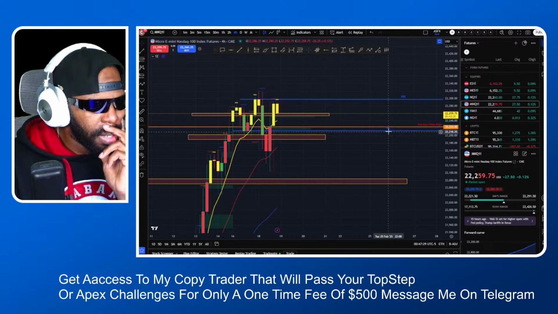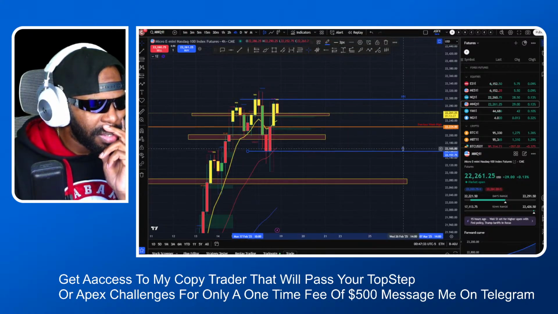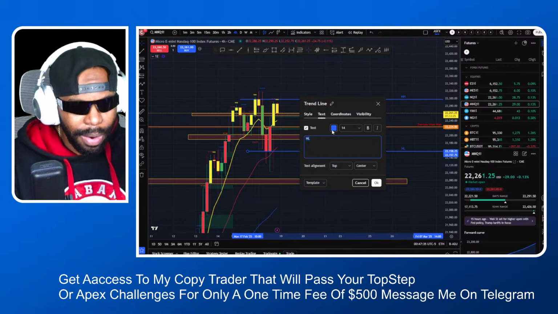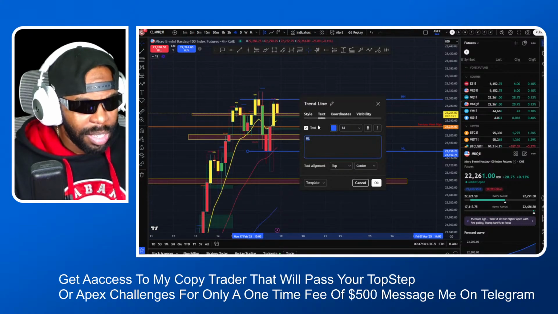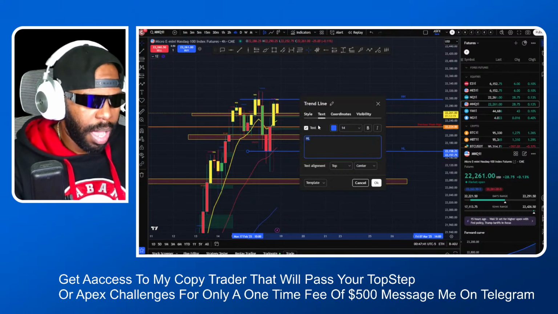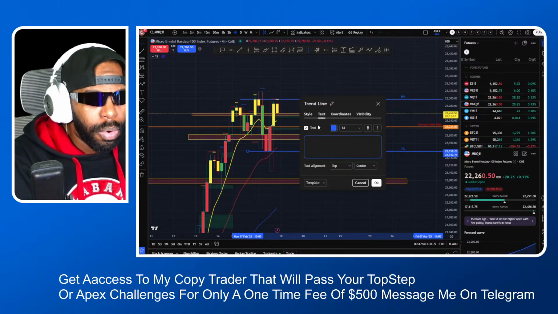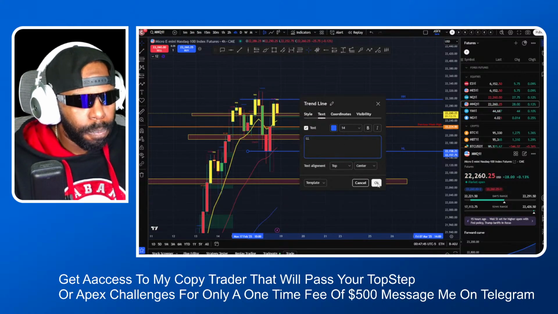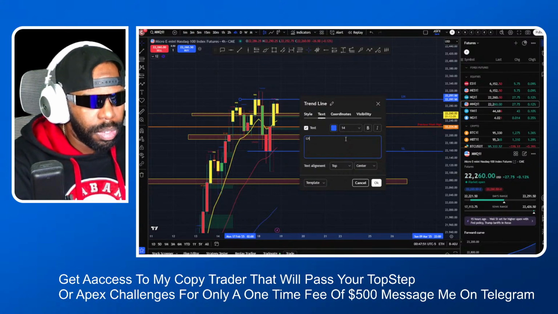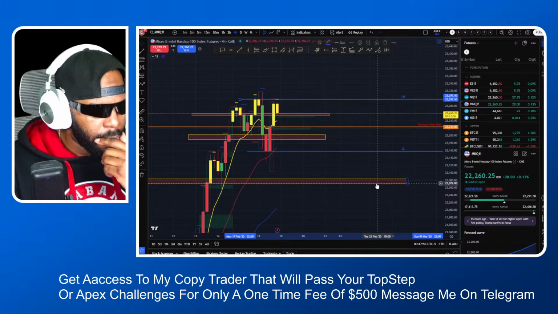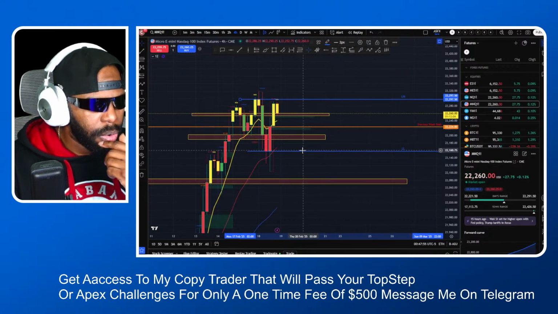So what I like to do is move my lines and change these, because we were in a bullish trend creating higher highs and higher lows, but now we got a push to the downside and broke the previous higher low, so we created a lower low. All right, so now we're going into a downtrend on the 4 hour time frame. So now we're creating lower highs and lower lows.